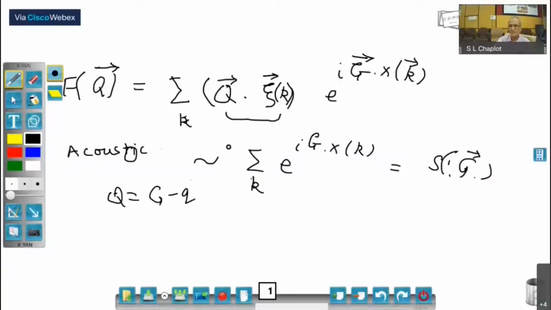So for acoustic modes, the one phonon structure factor and the Bragg structure factor tend to be very similar.